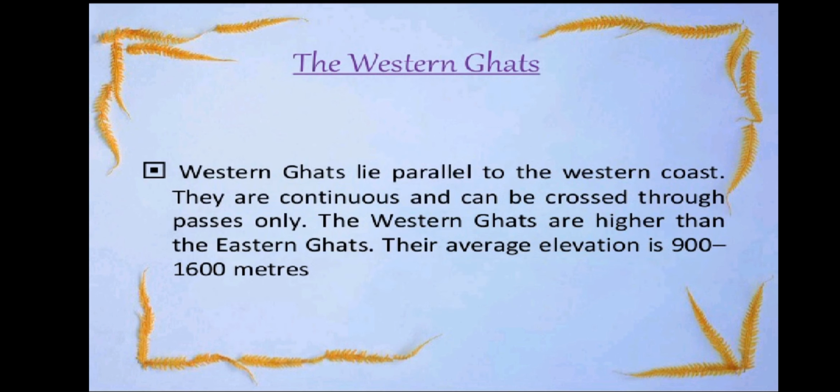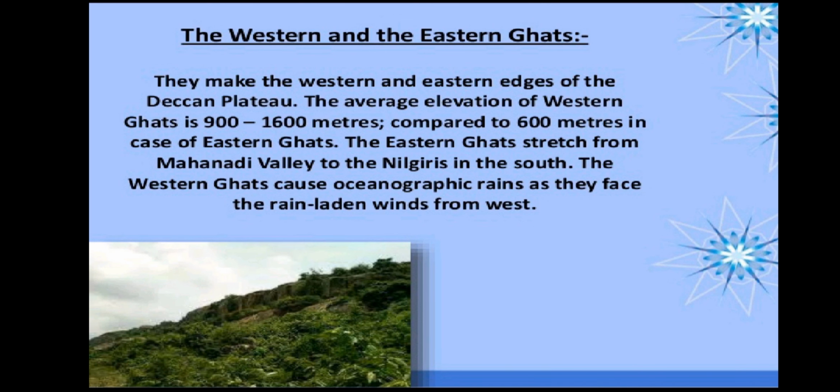Now, if we talk about Western Ghats, they lie parallel to western coast. They are continuous and can be crossed through passes only. The Western Ghats are higher than Eastern Ghats. Their average elevation is 900 to 1600 meters. Let us recall again Western Ghat and the Eastern Ghat. They make the western and eastern edges of the Deccan Plateau.